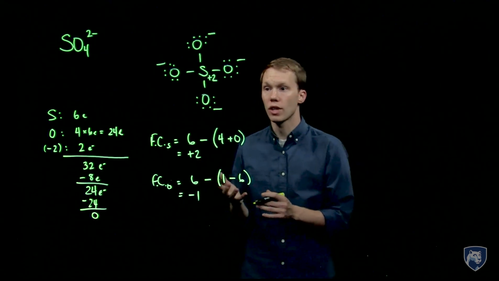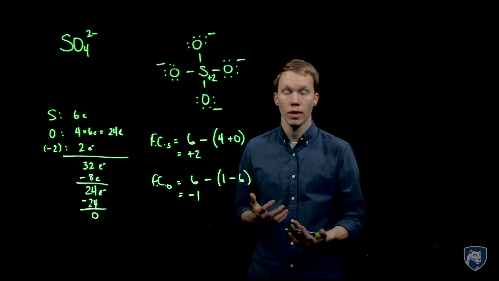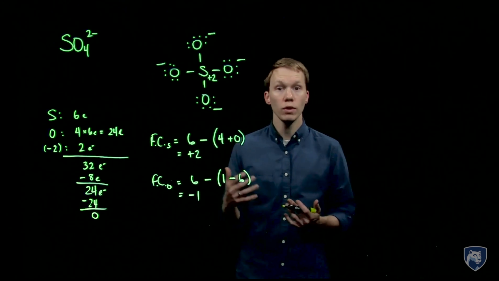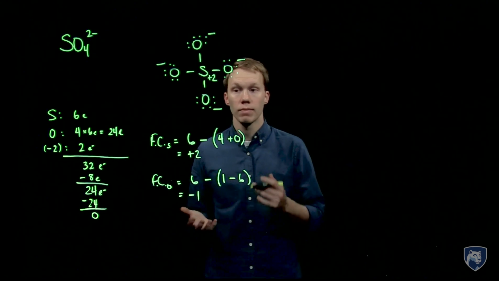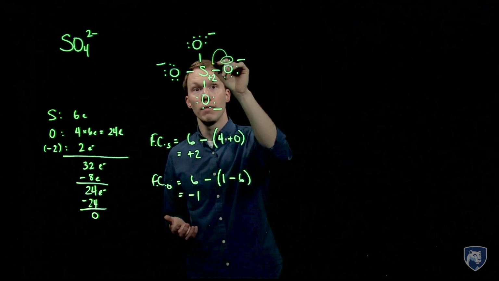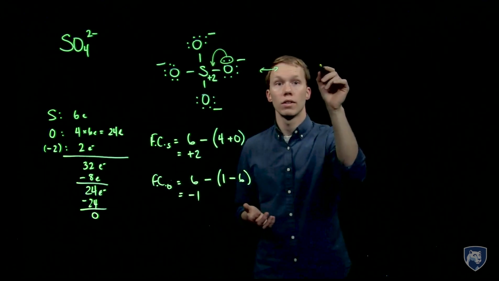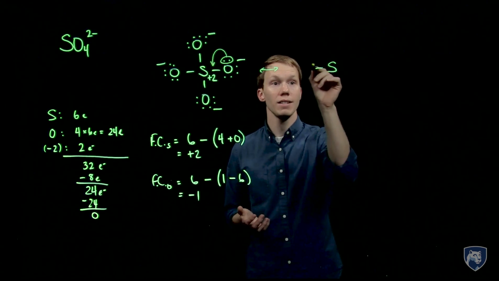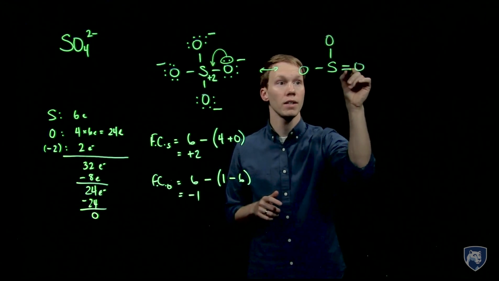So we look at this structure and we start to think about the things that we could do to minimize formal charge. As we saw before, we can move lone pairs to form multiple bonds between atoms. So as an example, I could take this lone pair and move it to form a second bond between the sulfur and the oxygen. And this is a type of resonance, and I'm noting that with the double-headed arrow there.